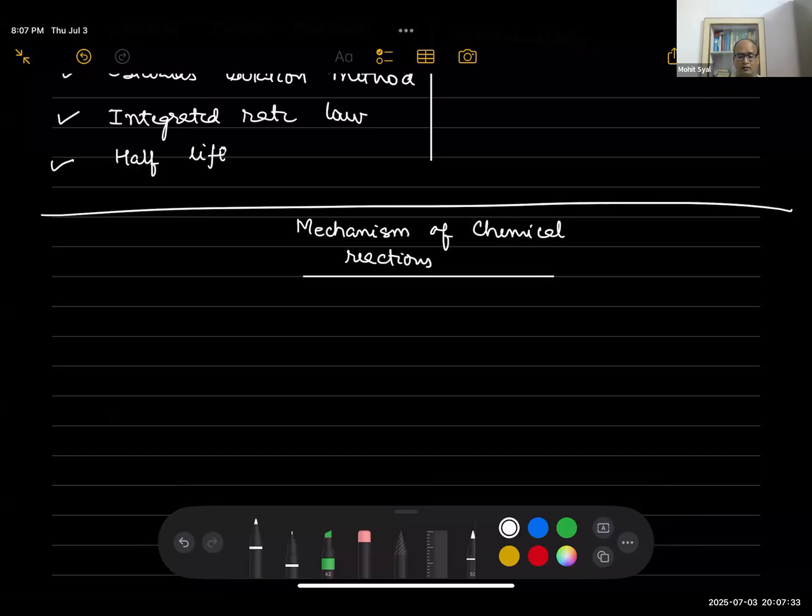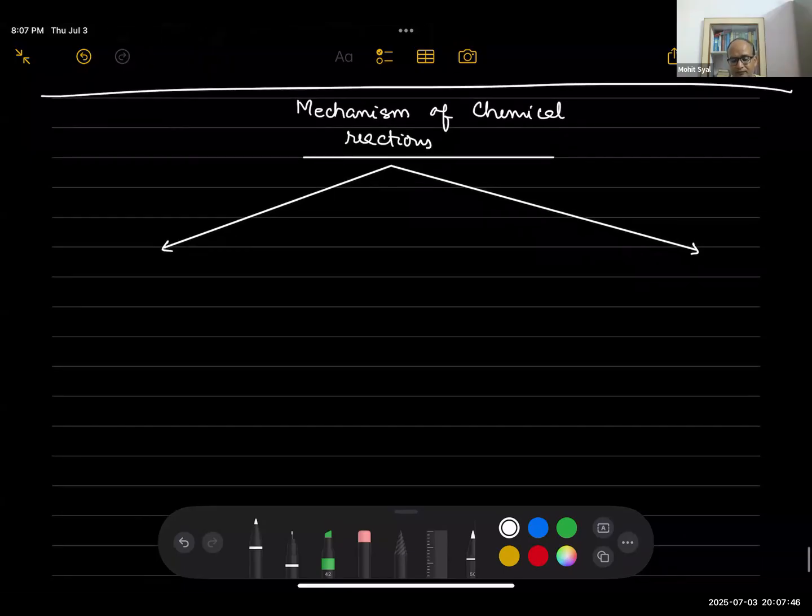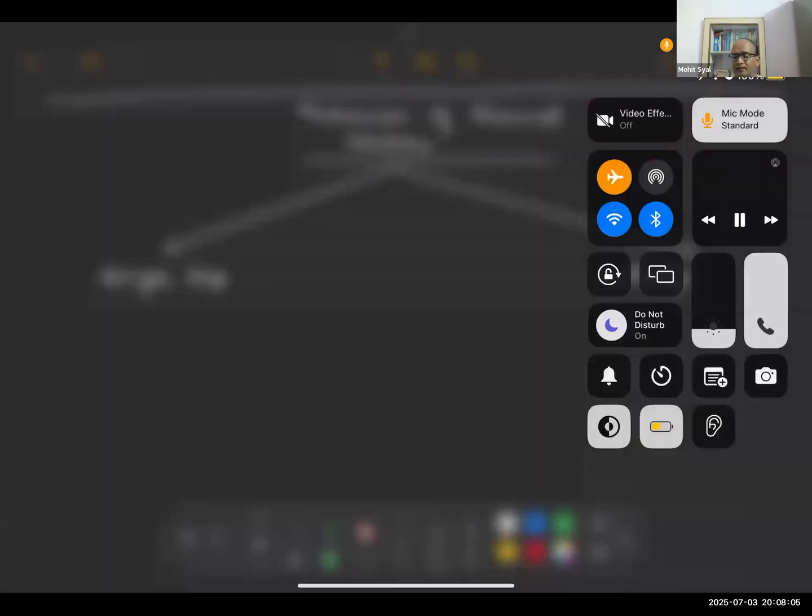On the basis of mechanism, I can divide the reactions into two categories: single step and multi-step.